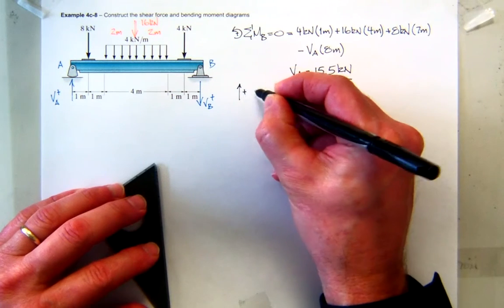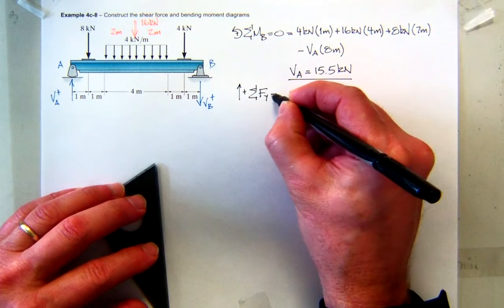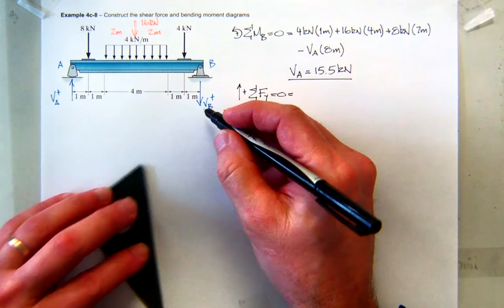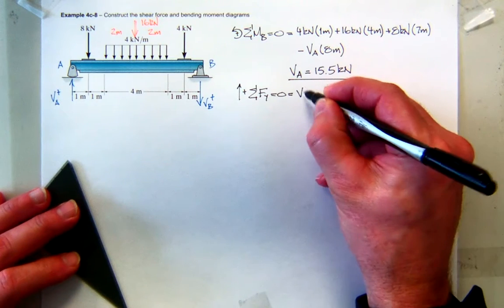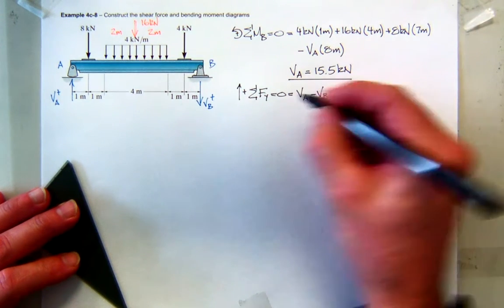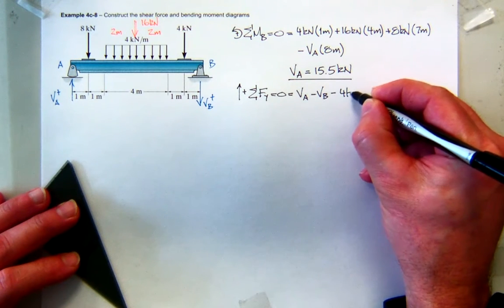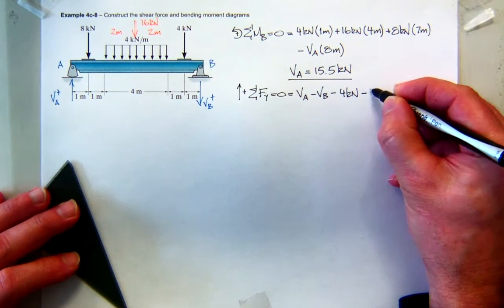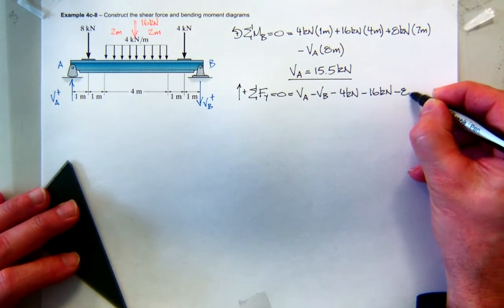And if I sum forces in the y direction now, I should be able to solve for my shear at B. So I'm assuming up is positive, so shear at A is up, shear at B is down. All these other forces are down, so I'll have down 4 kilonewtons, the concentrated equivalent, 16 kilonewtons, and the other applied.